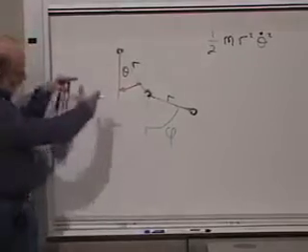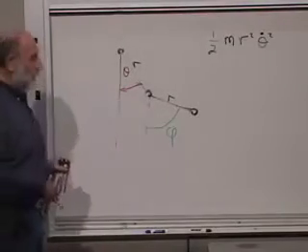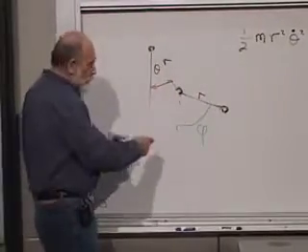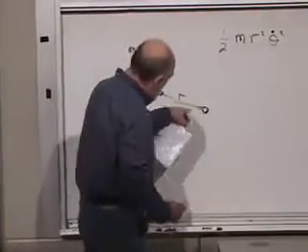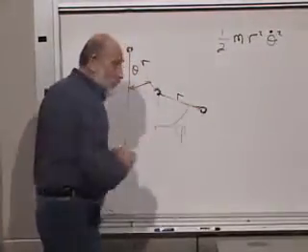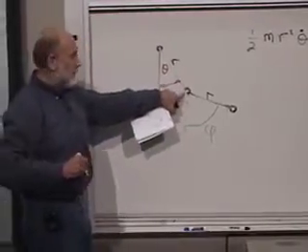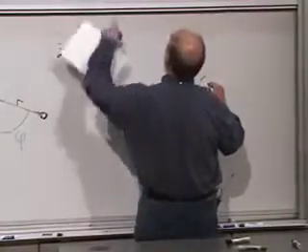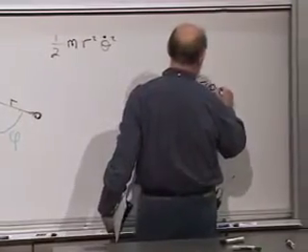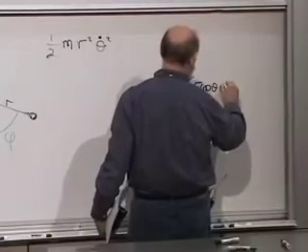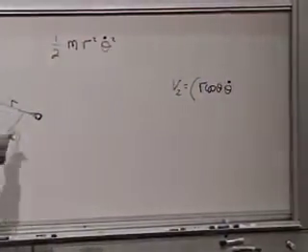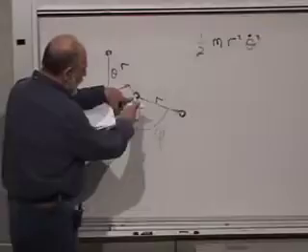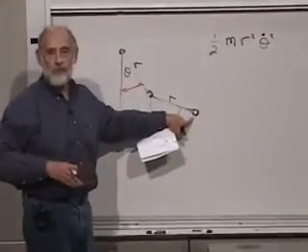Okay, so here's Bob's kinetic energy. And Herman's velocity has two components, but each component itself consists of two parts. The x component of Herman's velocity will consist of the x component of Bob's velocity, that is r cosine theta times theta dot, and then the component of Herman relative to Bob. Pretend Bob is standing still. What would be the x component of Herman's motion?